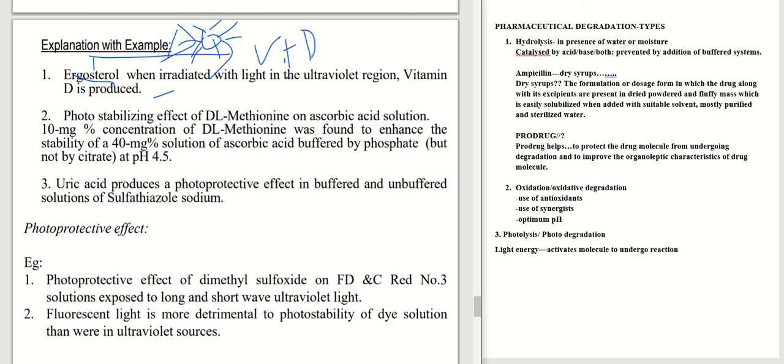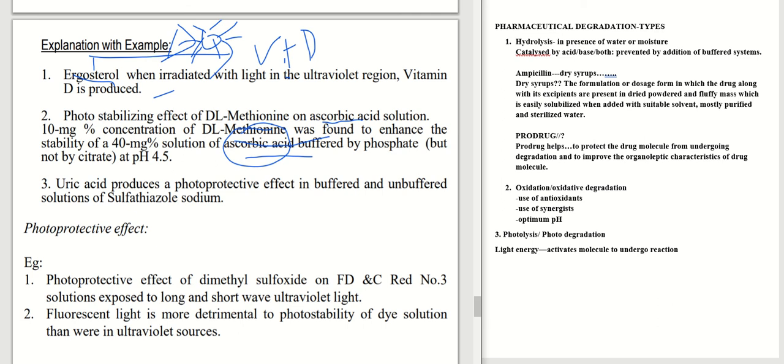And there is another effect where, in food, ascorbic acid undergoes photodegradation directly when it is exposed. So when we add DL-methionine, this activity will be enhanced. DL means dextrorotatory form and levorotatory form, D form, L form.